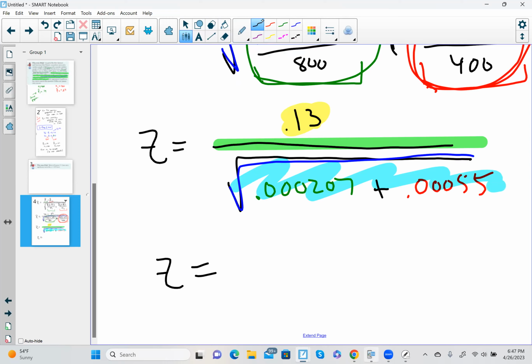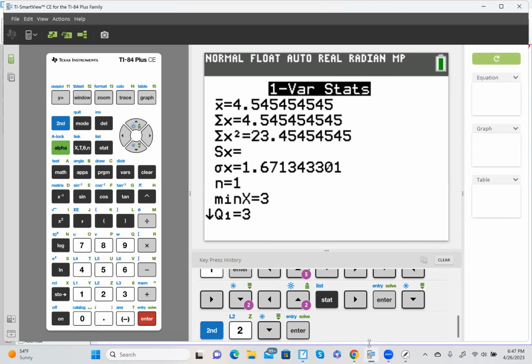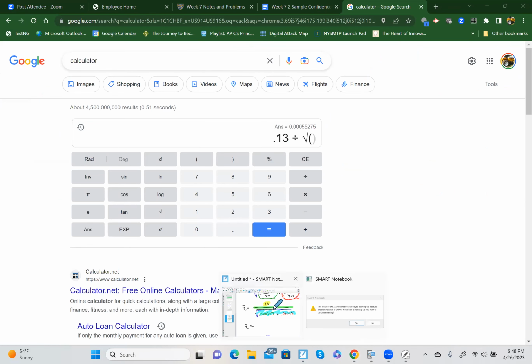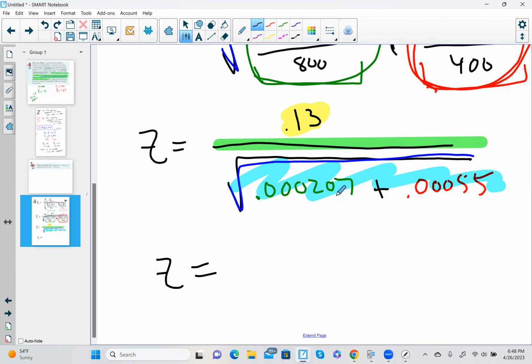All right, so let's see. So what do we have? That's a calculator that you probably don't have, so don't worry about that. 0.13 divided by, and then this button over here above, this is a square root button. And I'm going to type the numbers, which I had, 0.000207 and 0.00055.